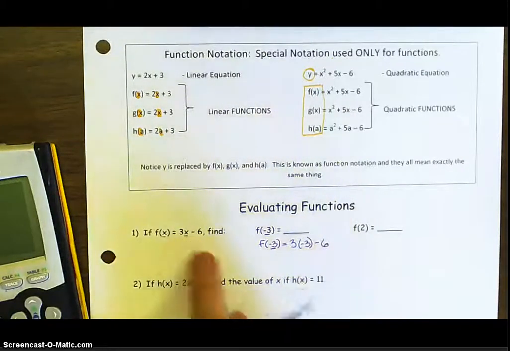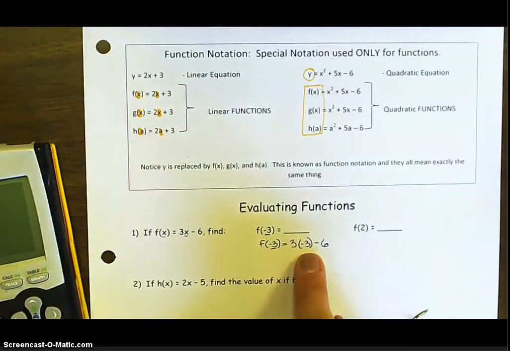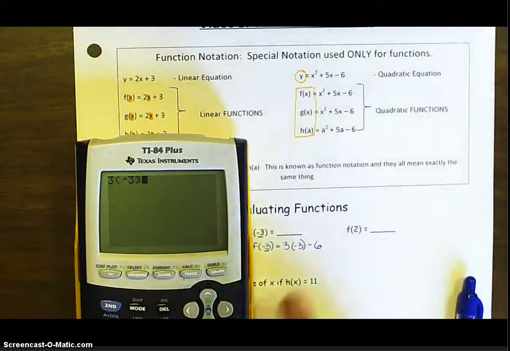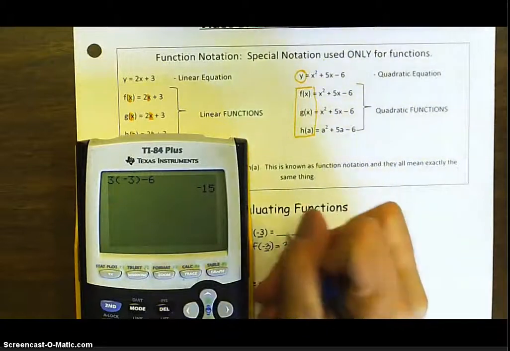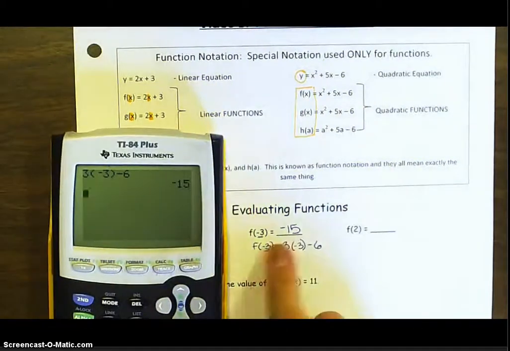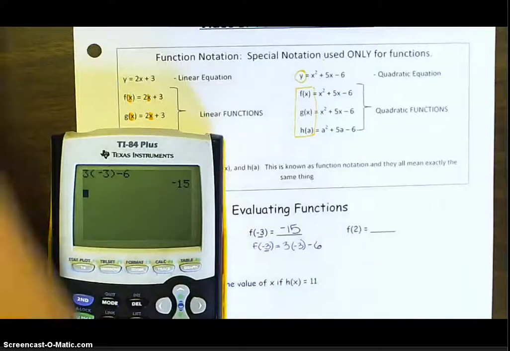So I'm just rewriting the whole equation, but instead of an x, I'm substituting in a negative 3. And now I can let my calculator do the handy-dandy work for me. So 3 parentheses negative 3 minus 6, enter, and we get negative 15. So f of negative 3 equals negative 15.